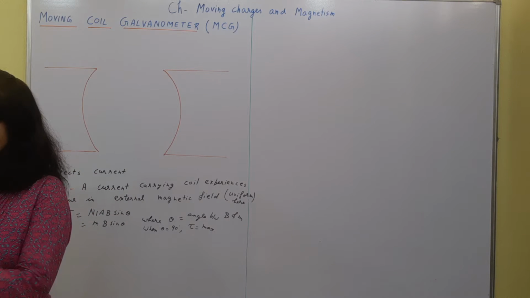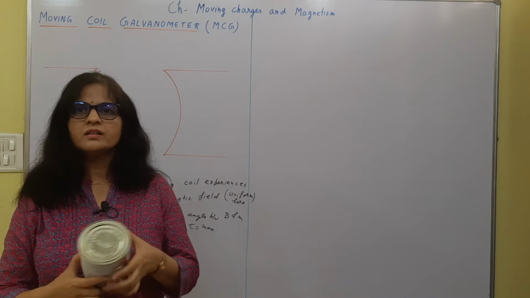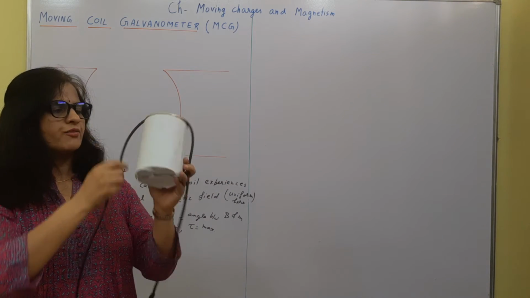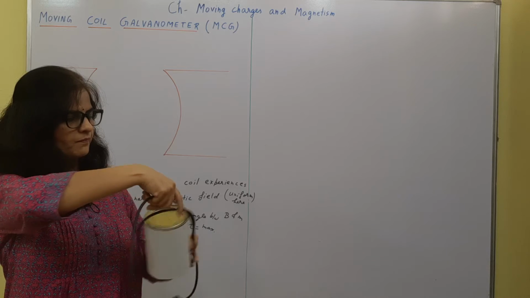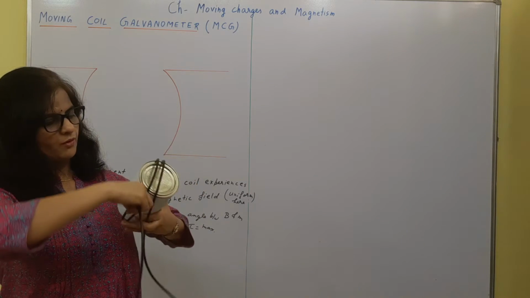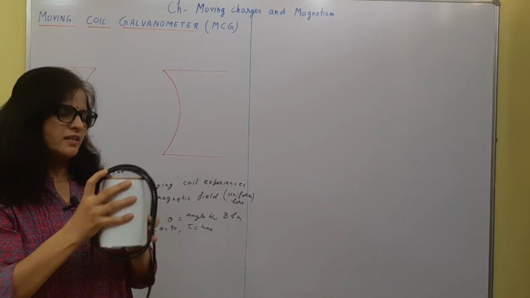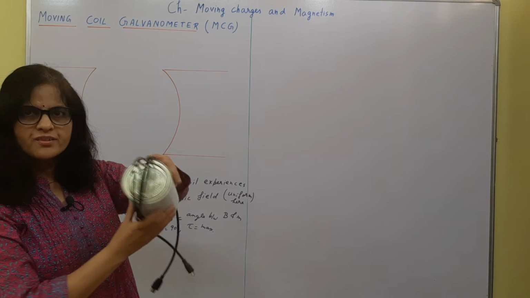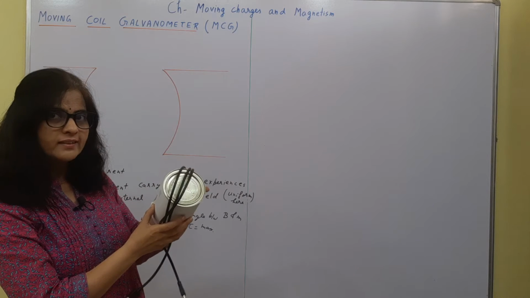Moreover, we have a cylindrical core on which this coil is given windings, right? So if this is your cylindrical core on which you are giving windings of this coil, right? And then the top view of the coil and the cylindrical core will look like this.